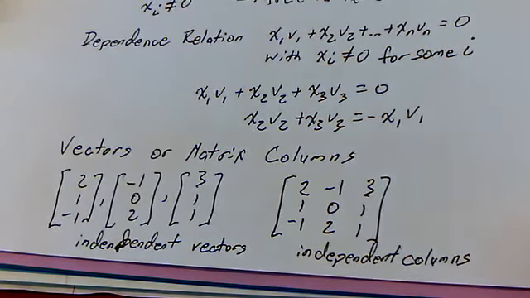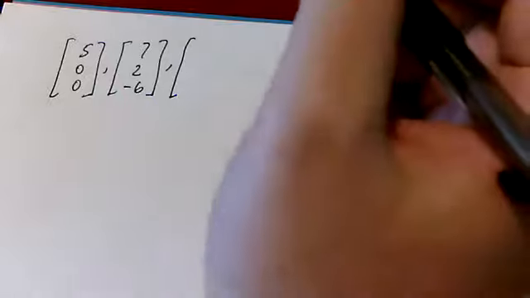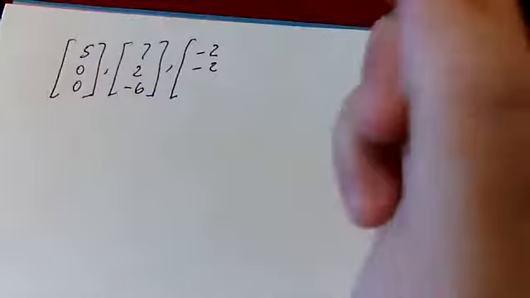Okay, so let's further this with some more examples on linear independence. For our next example, we've got (5, 0, 0), (7, 2, -6), and my third vector is going to be (-2, -2, 6).